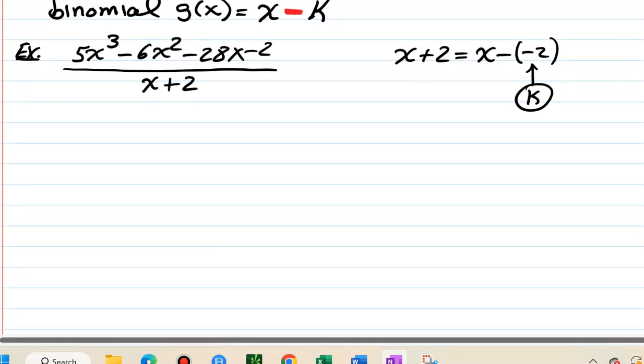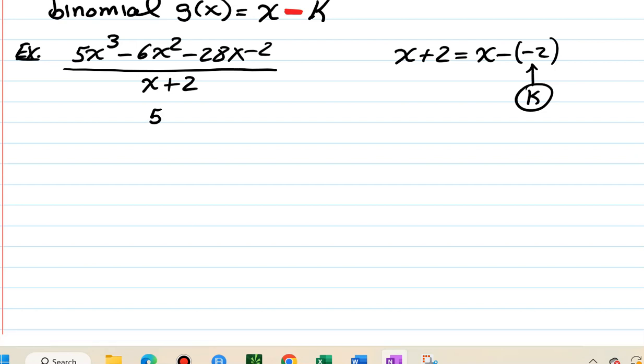So here's how this synthetic division algorithm works. We're going to create a very short table. The table is going to have all the coefficients on the x terms. So we go 5, negative 6, negative 28, negative 2. If a term is missing, you still have to put a 0 for it as a placeholder.